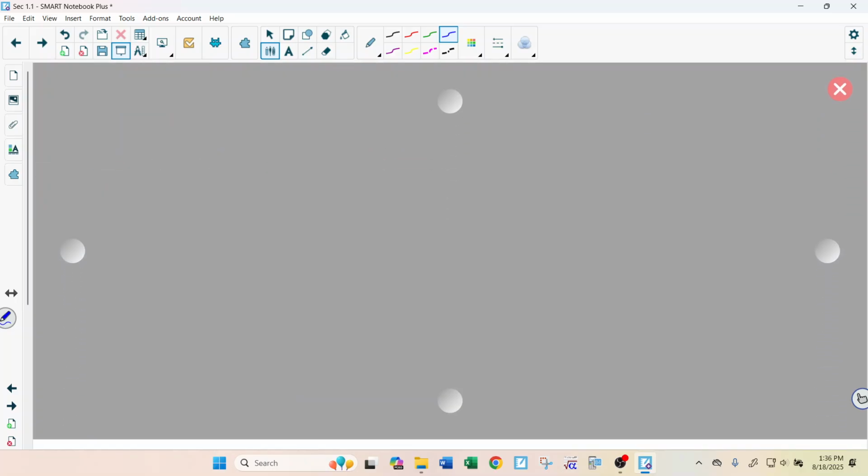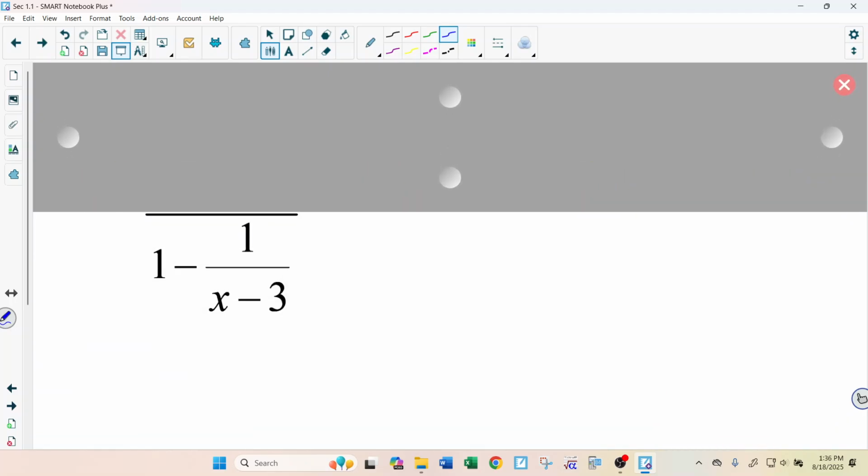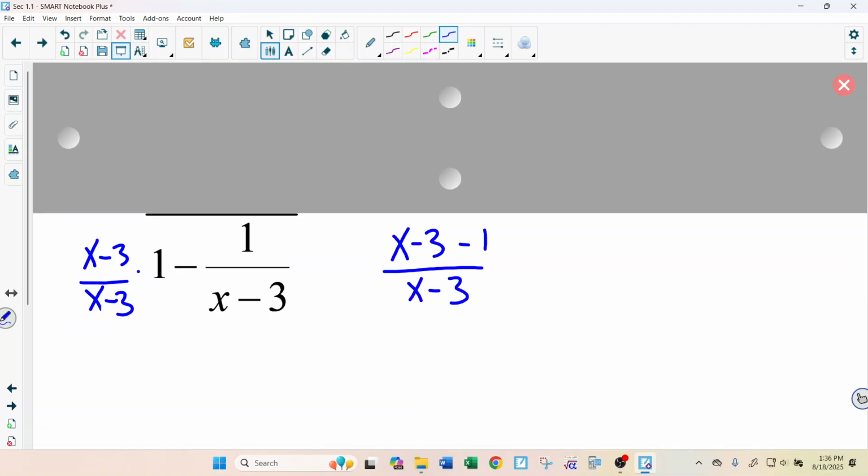The next thing we want to do is work on the bottom. Make that a single fraction. So x minus 3 over x minus 3. That gives me x minus 3 minus 1 over x minus 3, which is x minus 4 over x minus 3.